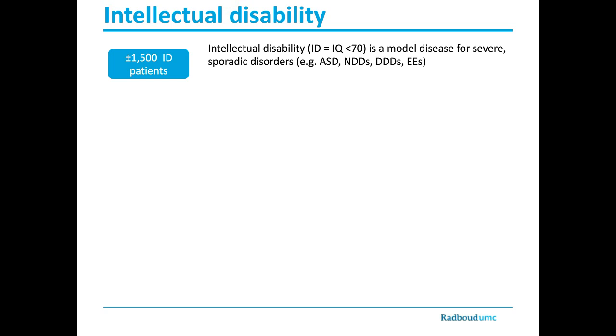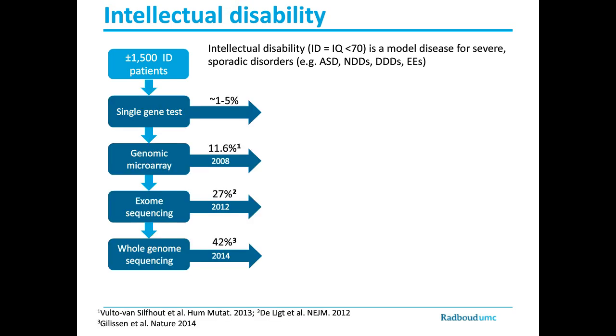A cohort we've studied over many years now consists of roughly 1,500 patients with severe intellectual disability. And whenever a new laboratory test became available, we tested this cohort or a representative fraction with the latest tools. So, for example, in what I would say were the dark ages of human genetics, usually clinicians asked for a single gene test.